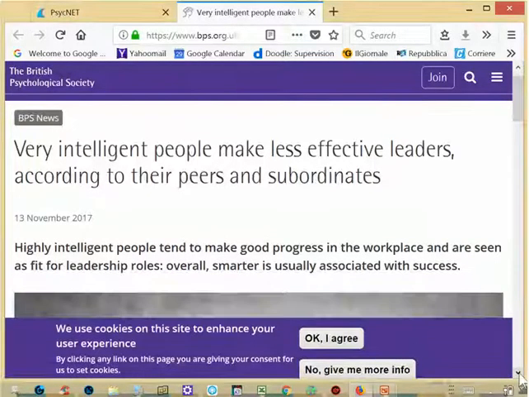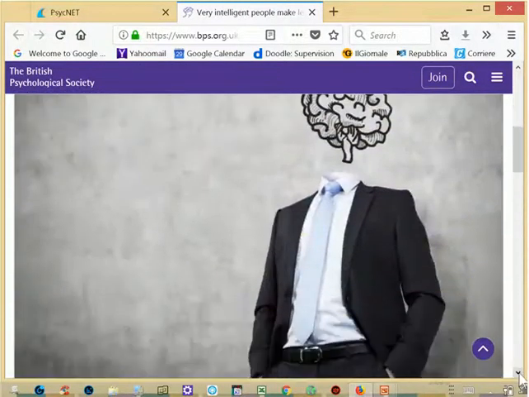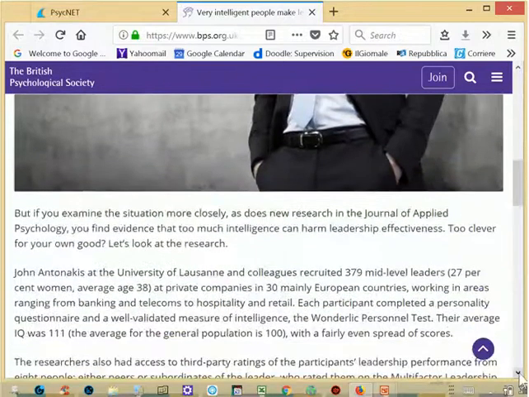Highly intelligent people tend to make good progress in the workplace and are seen as fit for leadership roles. Overall, smarter is usually associated with success. Premise. But if you examine the situation more closely, as does new research in the Journal of Applied Psychology, you find evidence that too much intelligence can harm leadership effectiveness.